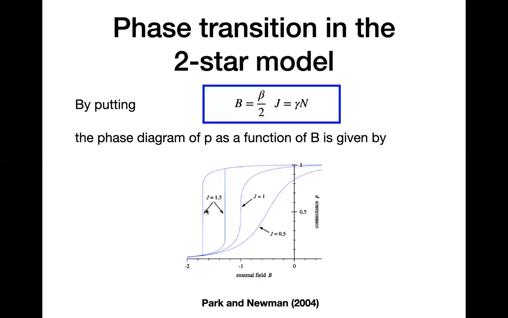But in this region in between, you actually have two solutions. You can either stay in a high density regime, or you can stay in a low density regime. So as you change J, there is this dramatic phase transition in which in one case you have only one solution, and in the other case you might have a coexistence of two different phases for the same parameter value.